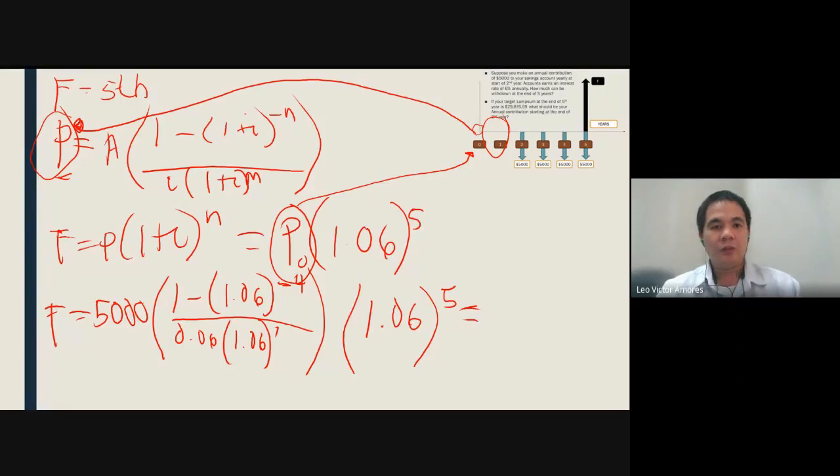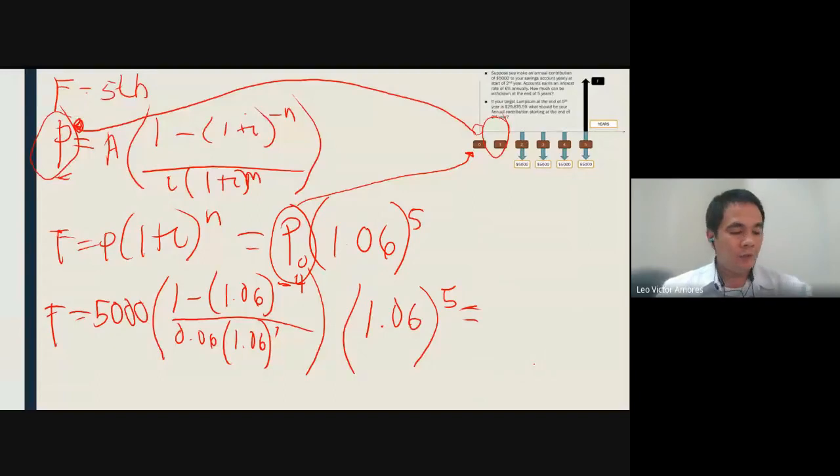So, the answer is 1.06 to the power of negative 4, 1 minus the answer, divided by 0.06, divided by 1.06. That is 3.26 times 5,000.